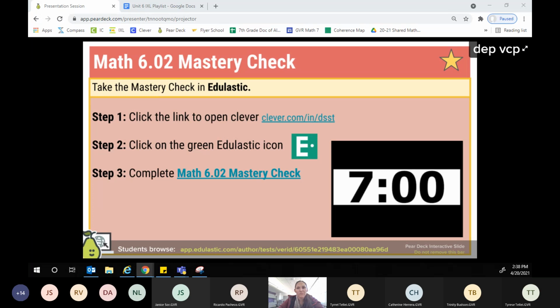All right, y'all, I see most of us are in our mastery check. Again, take your time. I'm probably going to grade it, but it shows you the answers, so we can't really do retakes. So take your time, look carefully, and if you're not there yet, I'm going to send you a message.